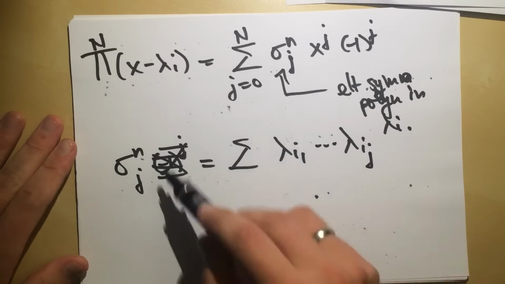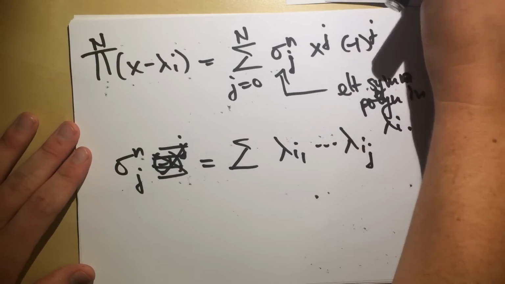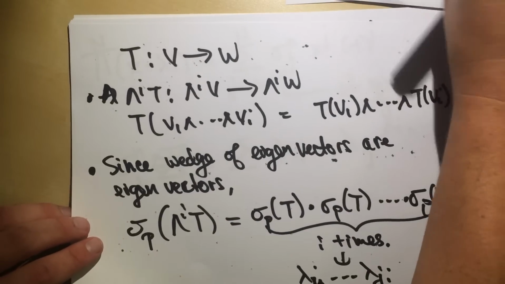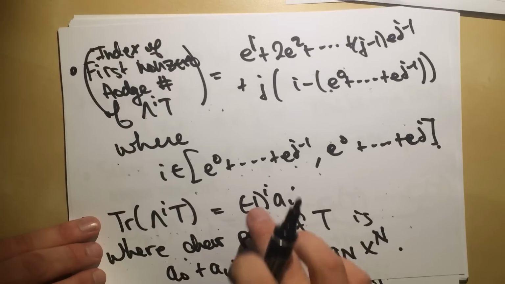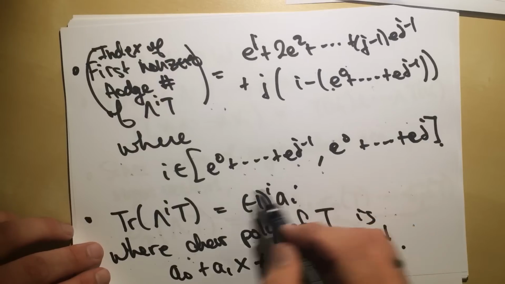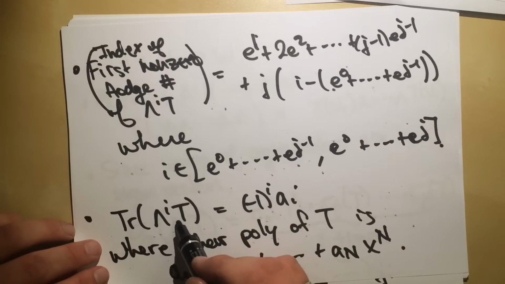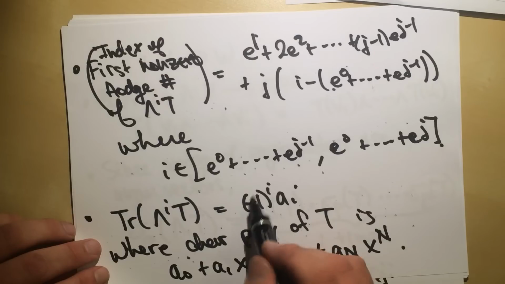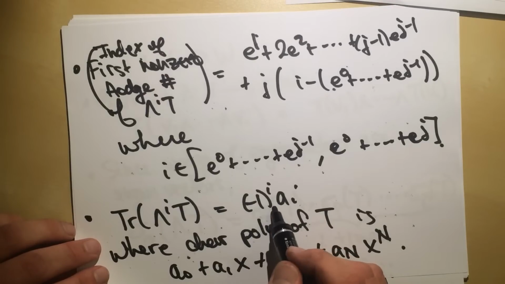Okay, so this explains this part here, and hence this claim that the trace of this wedge power of an operator is going to be some alternating sum of the characteristic polynomial.